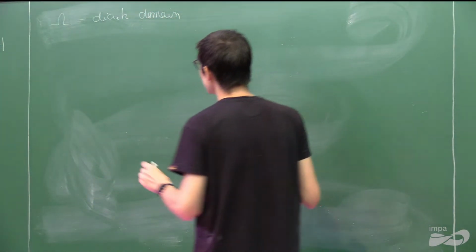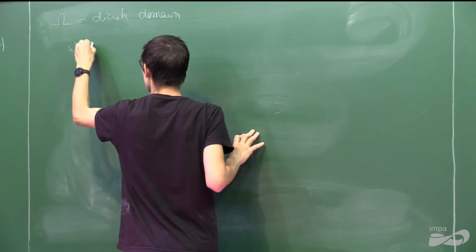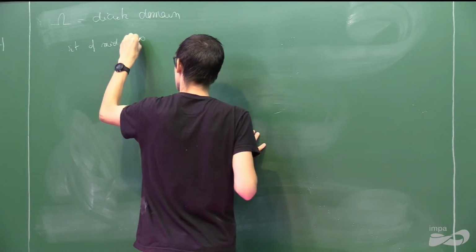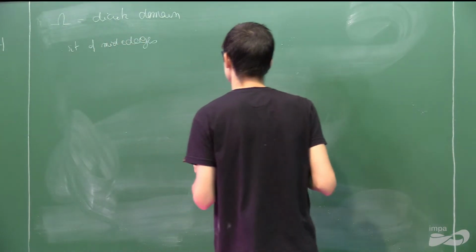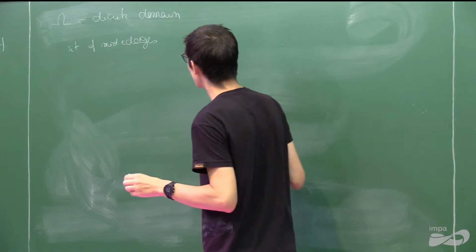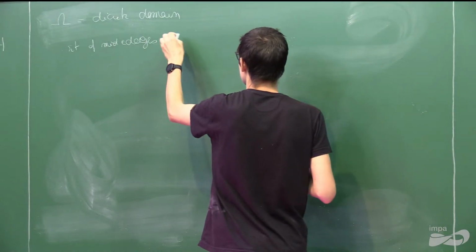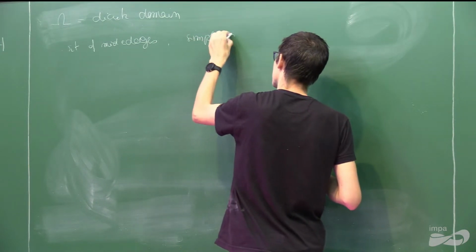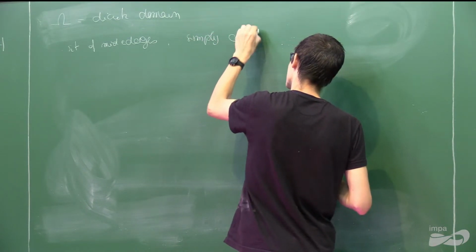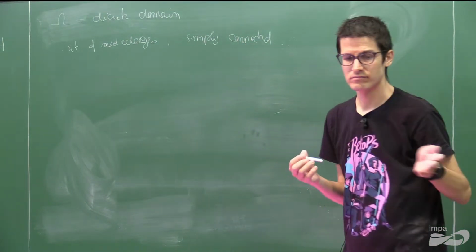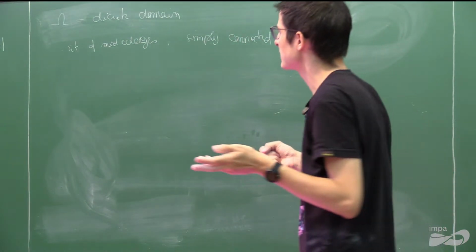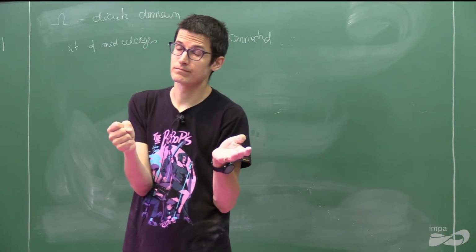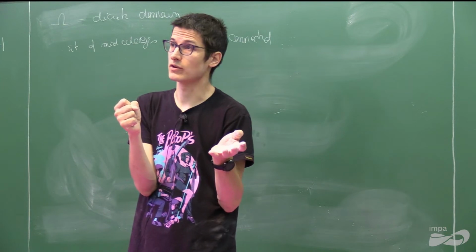Okay, it will be a set of mid-edges, which is simply connected. So, okay, by simply connected, I just mean that it's connected and that its complement is also connected.